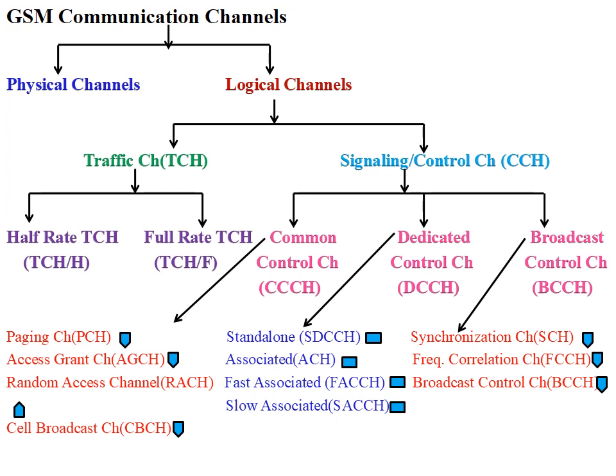The BTS sends this information for frequency correction with the help of the frequency correction channel. And the information about time synchronization is sent with the help of the synchronization channel, where both are sub channels of the broadcast channel or cell broadcast channel. So here are all these GSM communication channels.